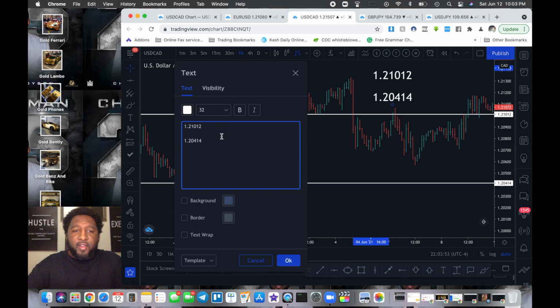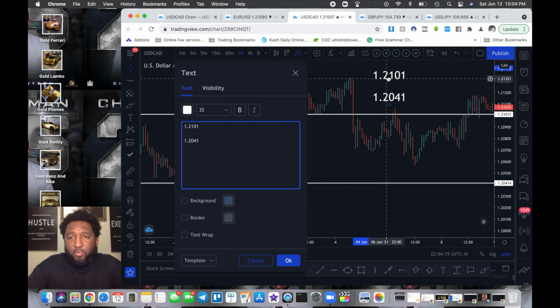So if I'm trying to find out the distance between these two numbers in pips, I'm going to follow the same protocol. I'm going to take the last number and eliminate it because it doesn't matter. Okay, the second thing I'm going to do is take any numbers that are the same and eliminate them, and I'm going to eliminate the decimal point as well.